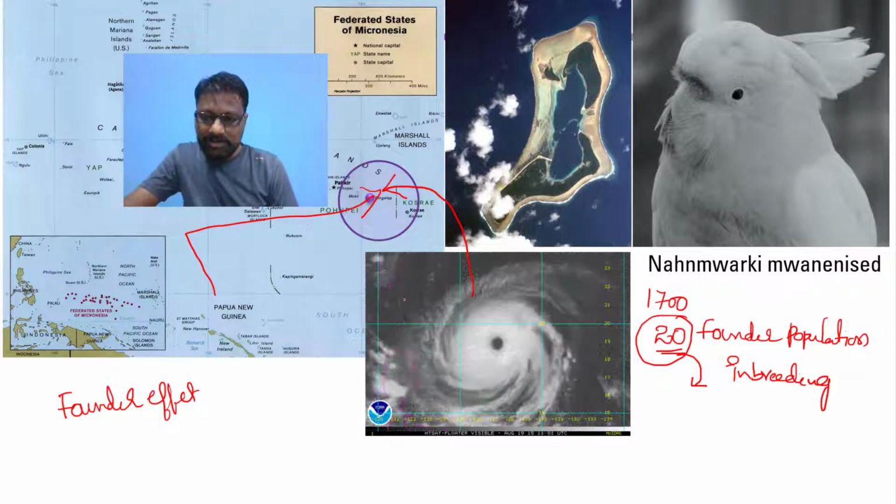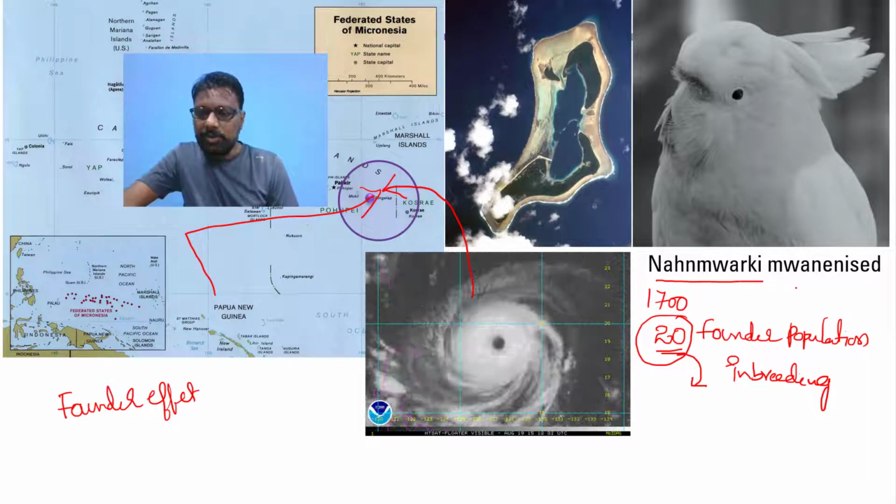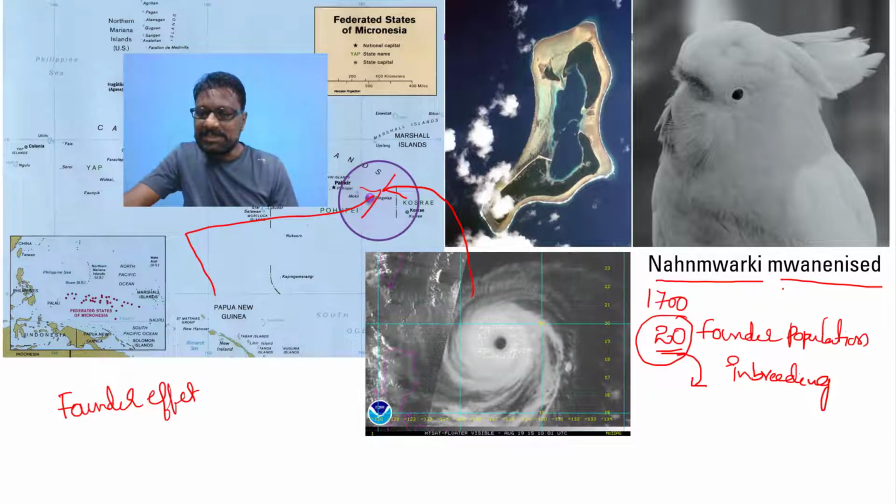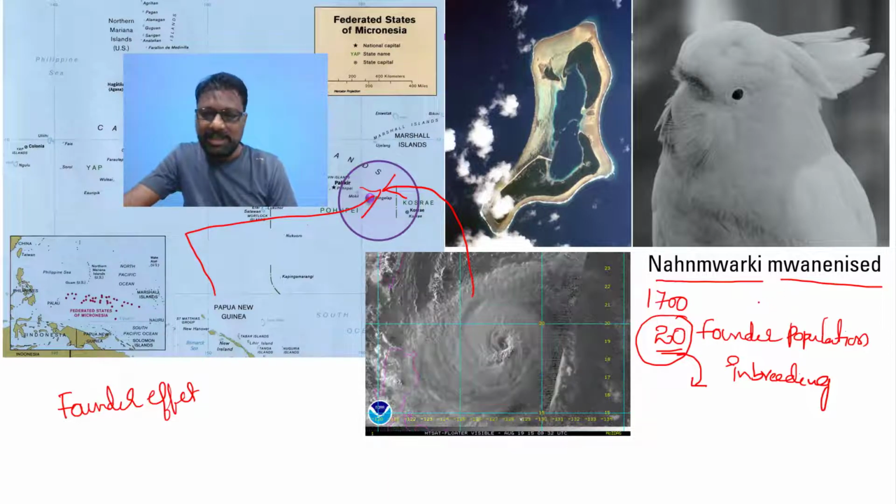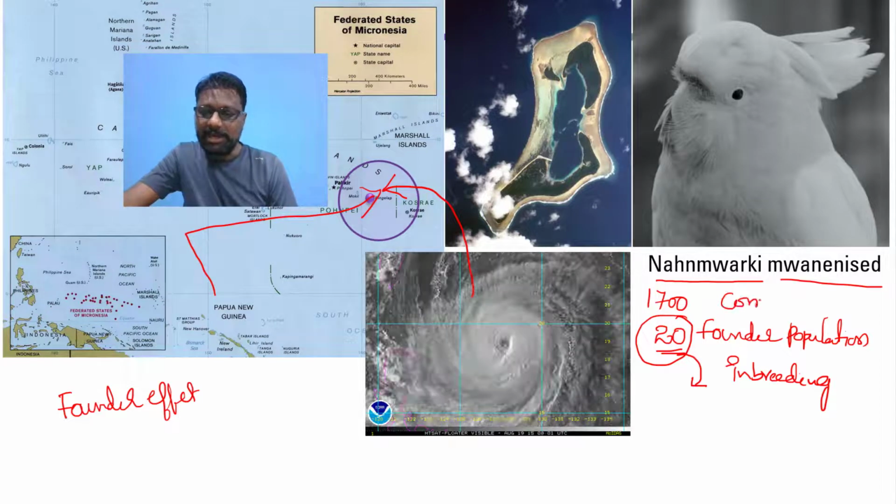When we take an example, there is a person on Pingelap named Nahnmwarki, who is considered the leader of that population. He was first noticed with complete color blindness.